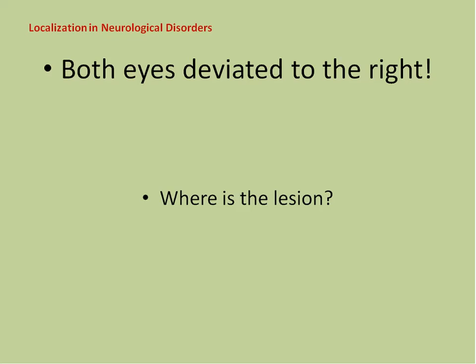It means that somehow the left cortex becomes so strong as compared to the right side that the left cortex overcomes the right cortex and pushes the eyes towards the right side.